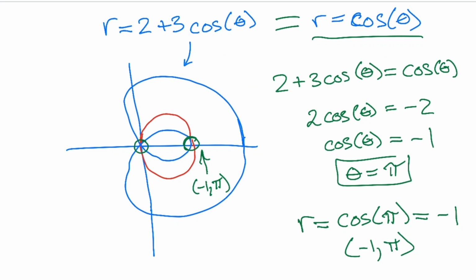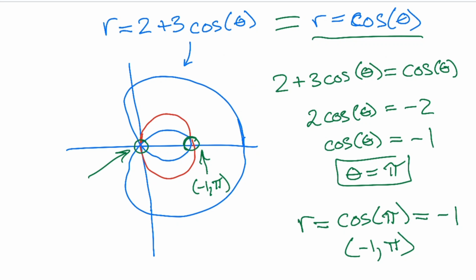You might wonder, well, what about that point there? That didn't show up because that happens to be a point of intersection at the origin, and sometimes you get points of intersection where the two curves are at the point but not at the same time or not at the same angle.